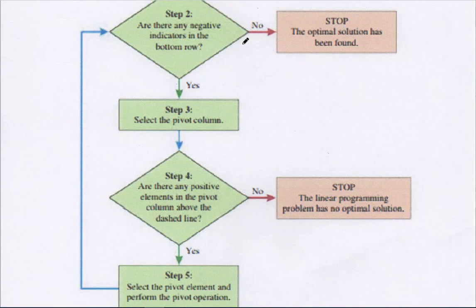Either there are no more negative things in the bottom, or we still have some negative things in the bottom, but all of the items in our column are zero or negative. So the whole process just keeps circling around until eventually we're going to stop. And that is either we find it or it doesn't have one. So that's kind of general, nebulous, and doesn't make any sense. So let's look at some specific homework problems.